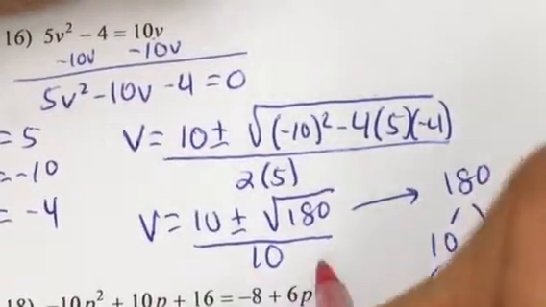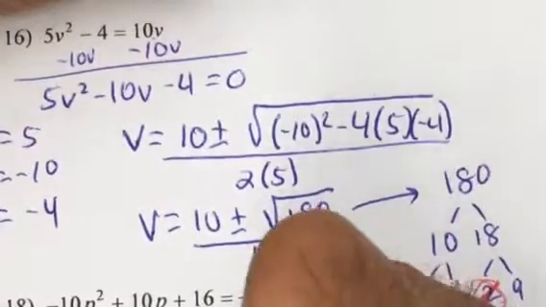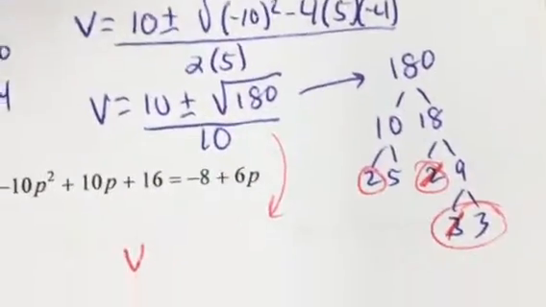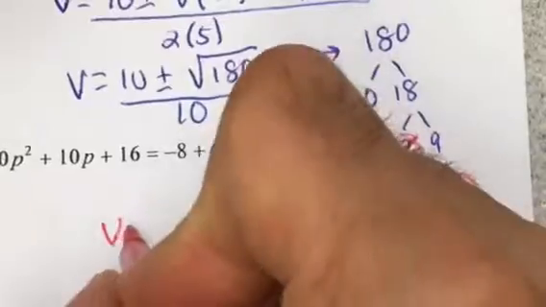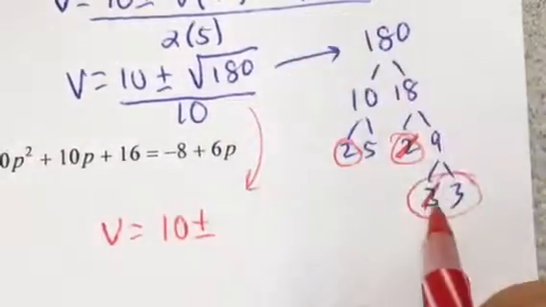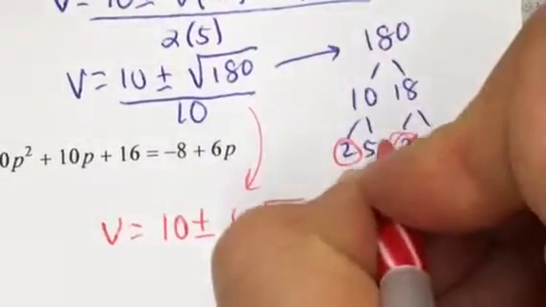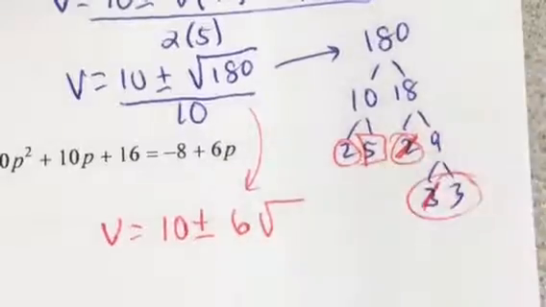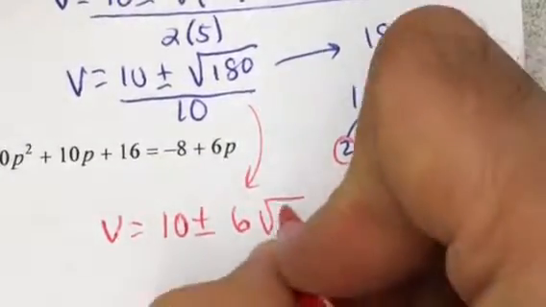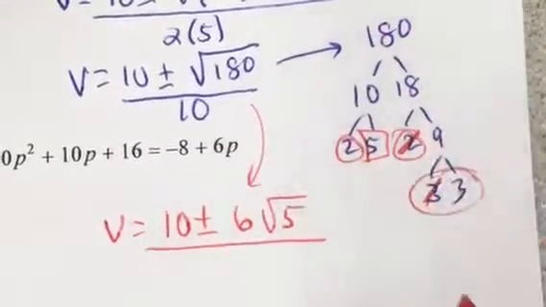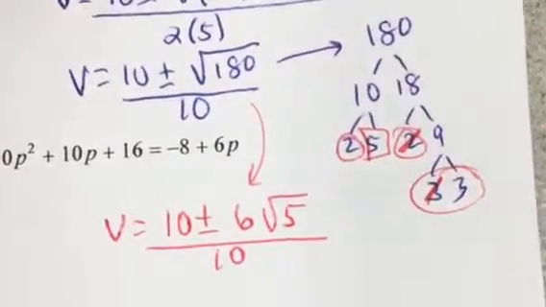I'm going to do my work farther below. V equals 10 plus or minus 3 times 2, 6, root. The 5 had no partner, so the 5 is still inside, all over 10.